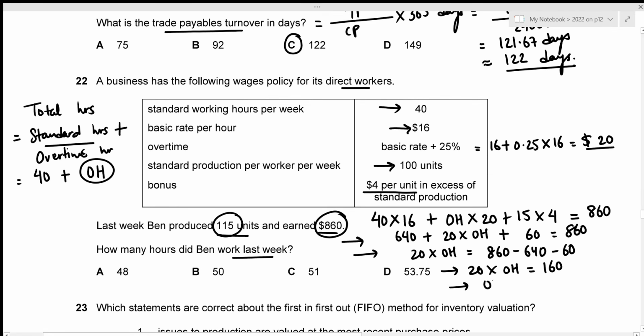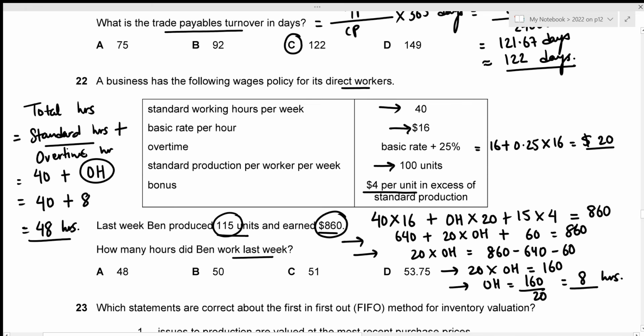Now we can easily figure out the overtime hours. That's 160 divided by 20, which results in the value of 8. So this is just the overtime. Now in order to figure out the total hours, we need to add our standard of 40 hours and the overtime of 8 hours, which results in 48 hours.